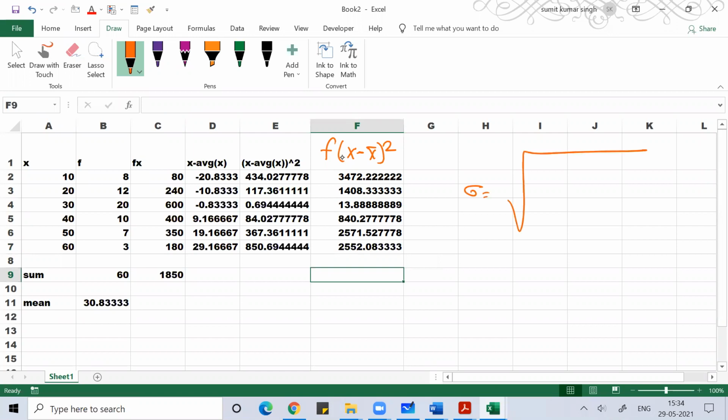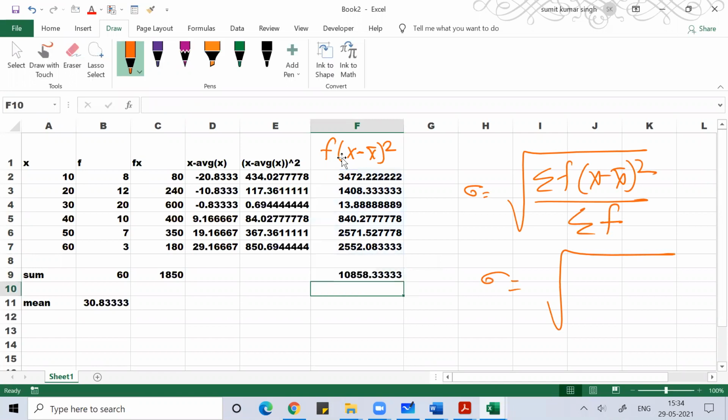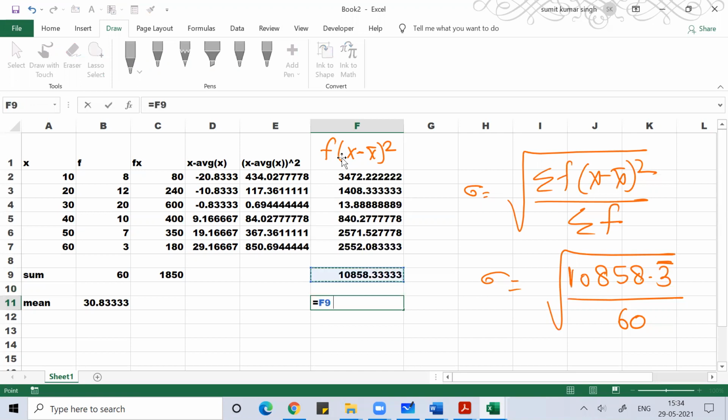Summation of f times (x minus x bar) whole square by summation of f. The sum value is 10,858.3333 divided by sum of f. Sum of f is 60, so divide this by 60, because 60 is the total data.